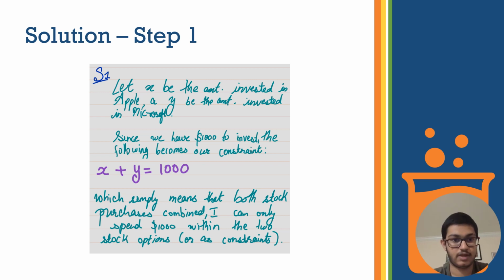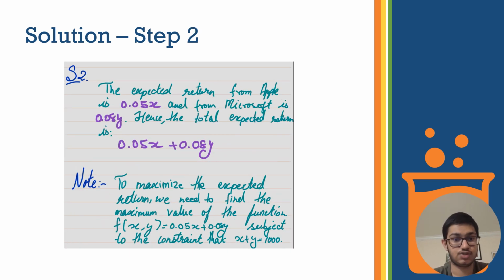So now we go on to step 2, which is the expected return from Apple. That is 0.05x, because like I said before, it was 5%, so we multiply 0.05 times x. And from Microsoft it was 8%, which becomes 0.08y.